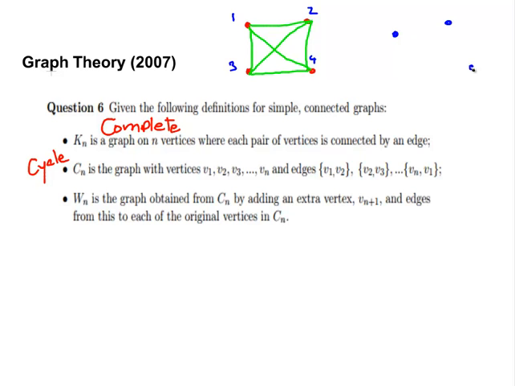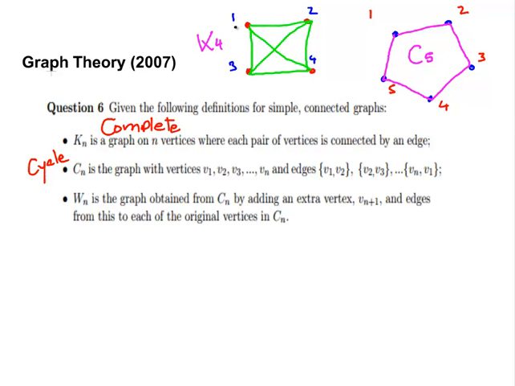Let's say we have 5 vertices, 1, 2, 3, 4, and 5, and essentially the idea of a cycle graph is that they're connected in a chain going back to the first one like that. So that we call C5. That one over there we call K4.